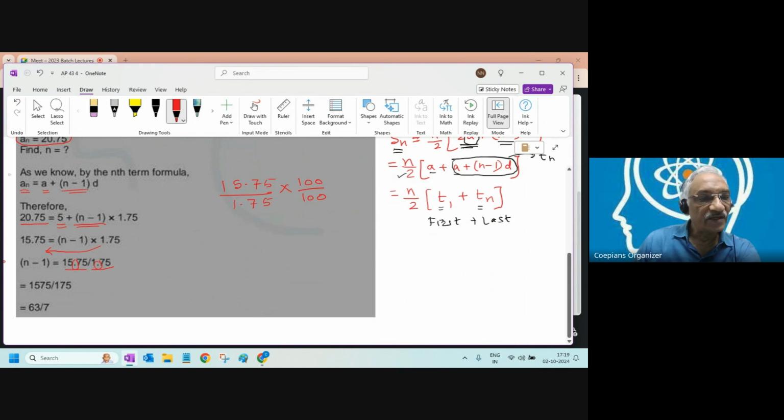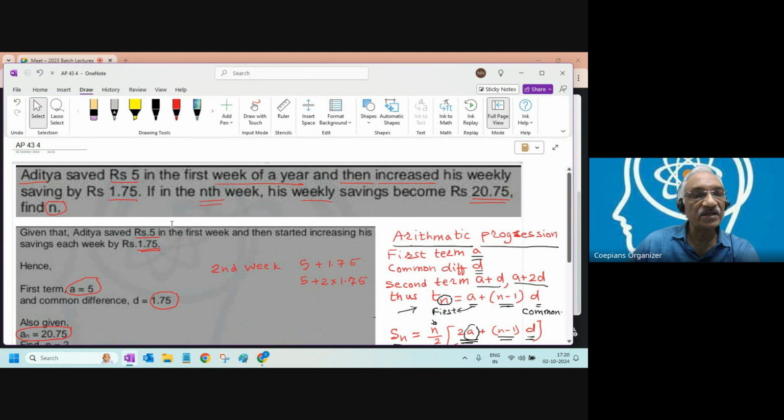So it becomes 1575 divided by 175, which is 63 by 7, which is 9. So n minus 1 is equal to 9. Remember, this is n minus 1 and not n. Therefore, n is equal to 10. So the final answer is that Aditya in the 10th week would have saved 20.75. That's the answer. Thank you.